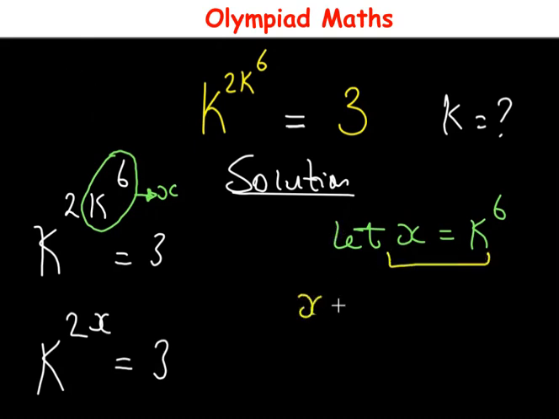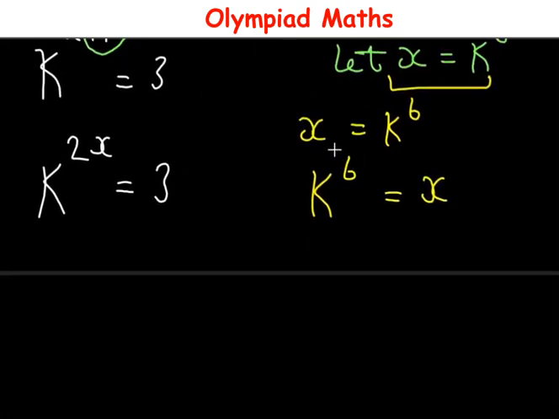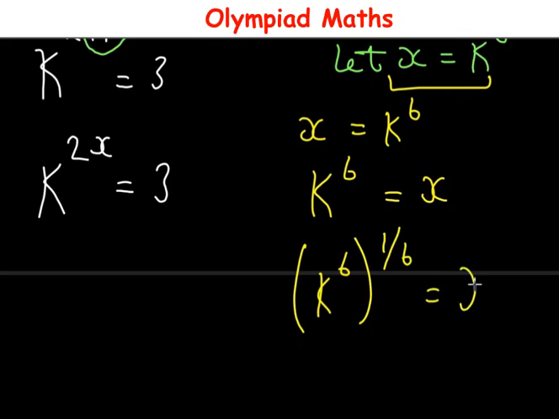Now at this junction, let us simplify this. Here we have x equals k raised to power 6, which can be written as k raised to power 6 is equal to x. So from here, let us eliminate power 6 by raising both sides to power 1 over 6. So in brackets, k raised to power 6 all raised to power 1 over 6 is equal to x raised to power 1 over 6.